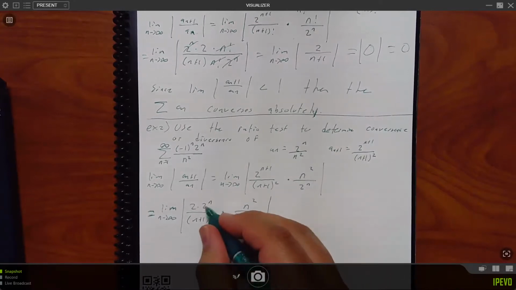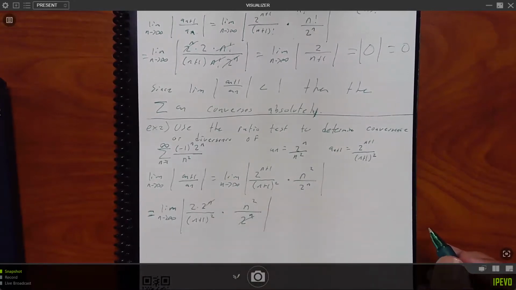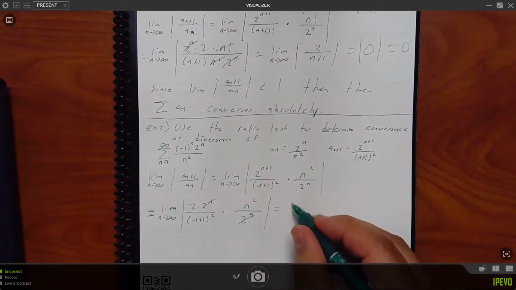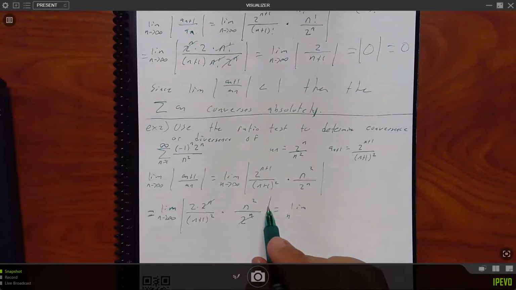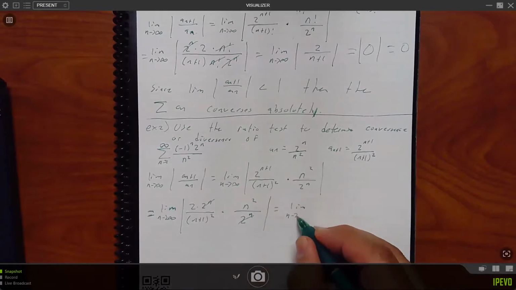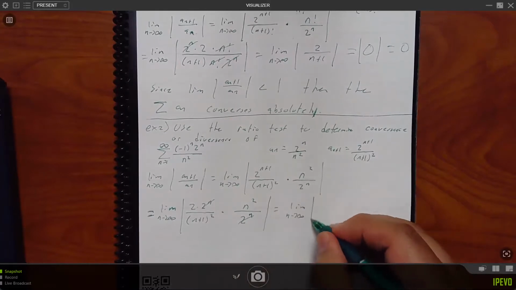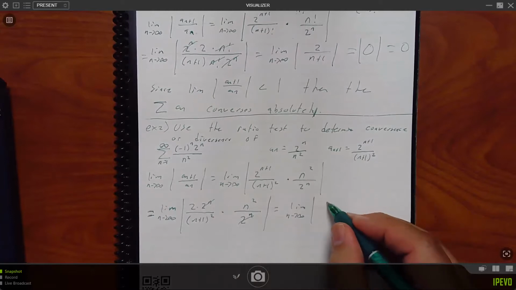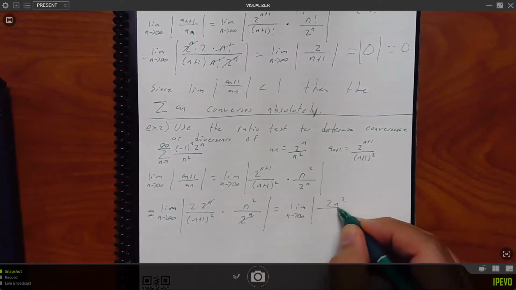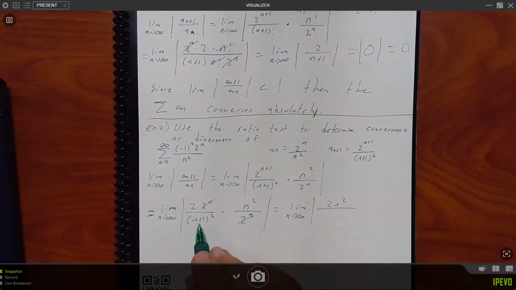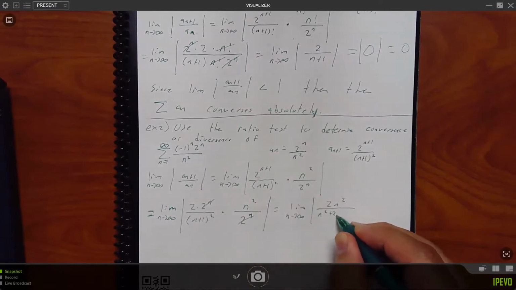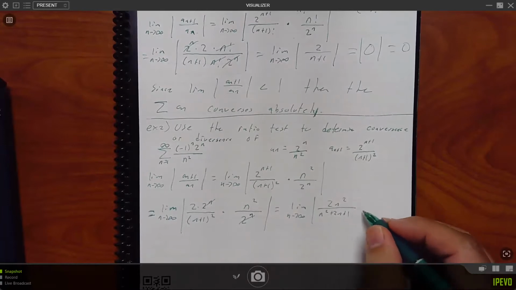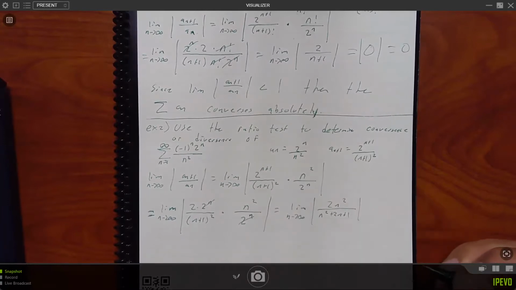These will cancel, no problem. These I need to expand a little bit so you can see it better. So up here I have 2n squared, right? If I multiply this out, I'm going to have n squared plus 2n plus 1, right? You take that limit, what is it?